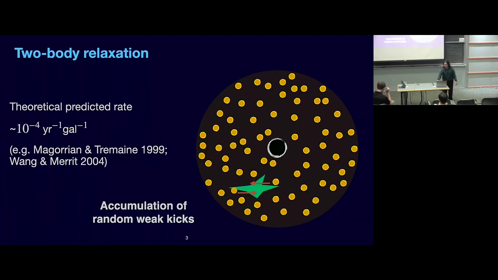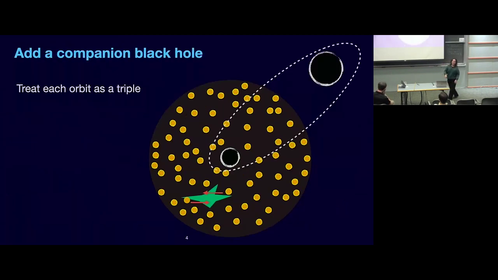Wonderful. Now, if we introduce a secondary black hole to this system with our stars and our initial supermassive black hole, we can now treat each orbit as a triple, right? So now we're introducing triple dynamics.